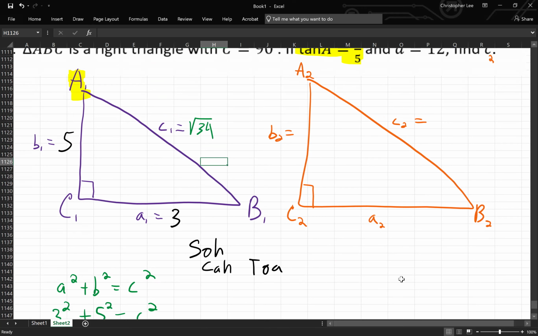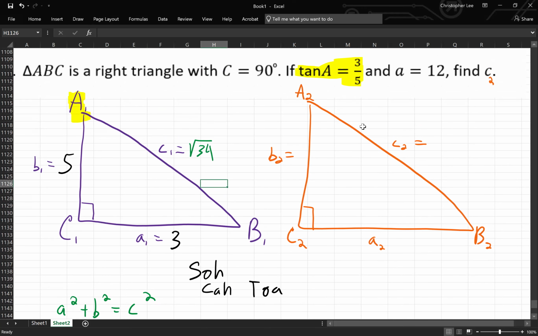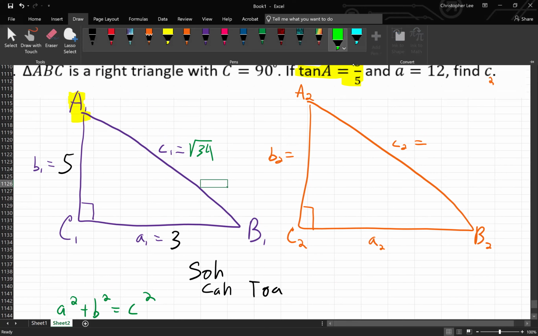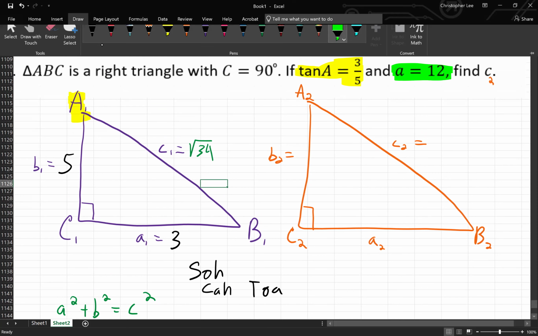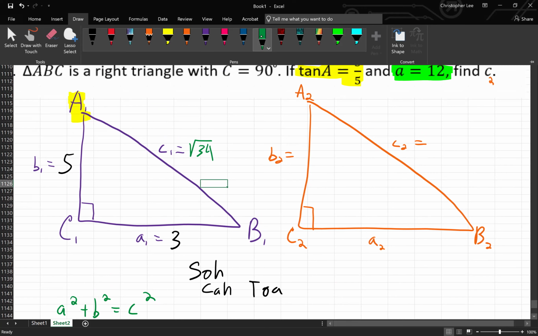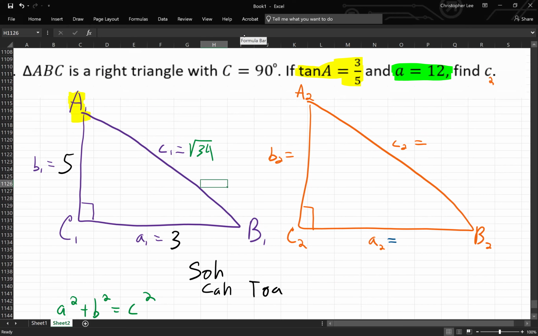I got all that information from the first part. Tan A is equal to 3/5. Now, let's look at the second part. They're telling me that A is equal to 12. So what that's telling me is that in this triangle right here, my A is 12.